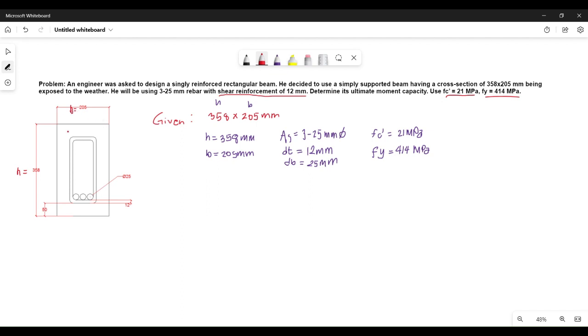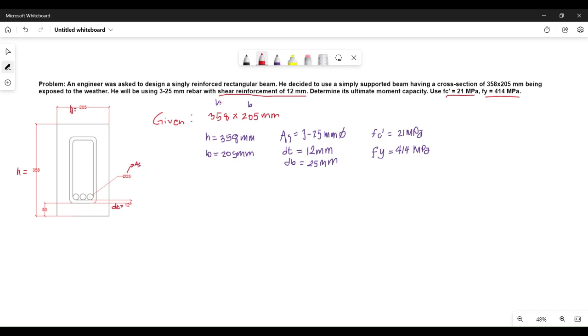This is the cross-section of our supported beam. Then we also have the diameter of our shear reinforcement. This is dt, equal to 12 millimeter. And also we have our area of tension reinforcement, As. Let's label it.